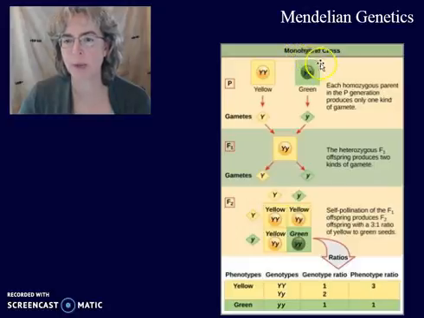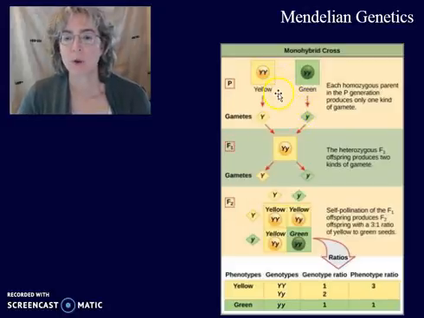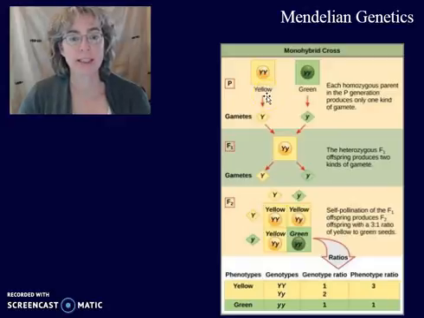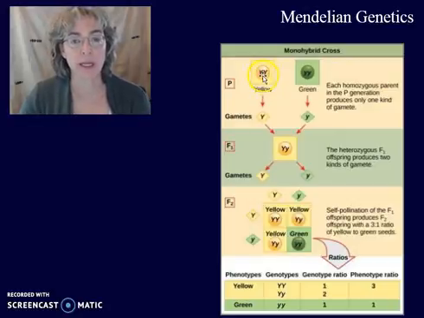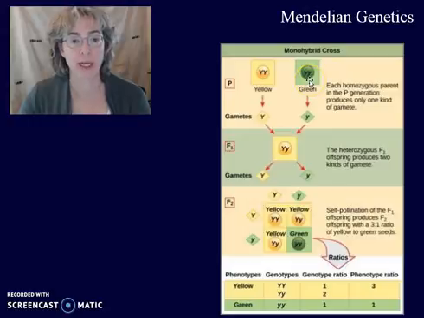So monohybrid cross. That means that we're looking at just one characteristic. So in this instance, we are just looking at seed color. So here is our homozygous dominant. It's true breeding. And here is a homozygous recessive, also true breeding.